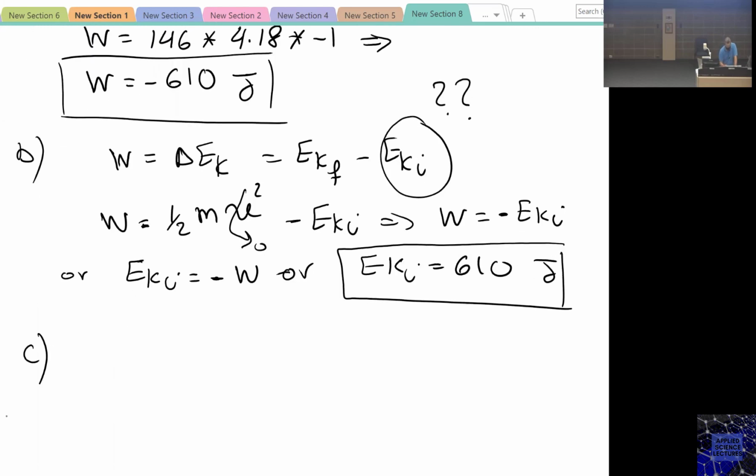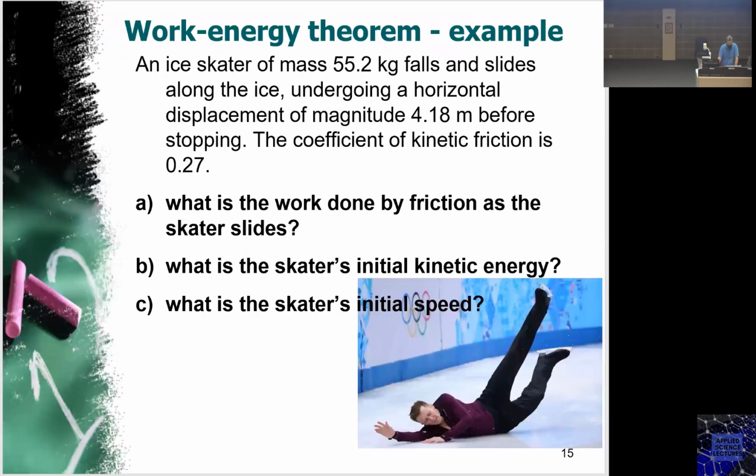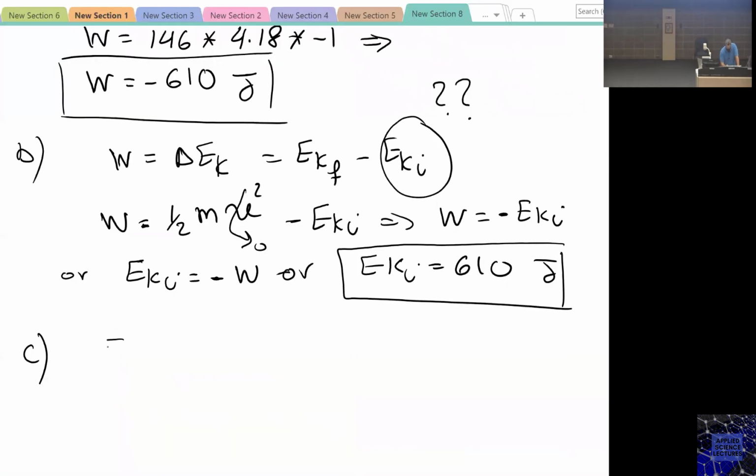See? What is the skater's initial speed? Fine. We found the initial kinetic energy. Now we want the speed. Do you know how we can calculate the initial speed? Yes, we had here EKI equals half m V naught squared.